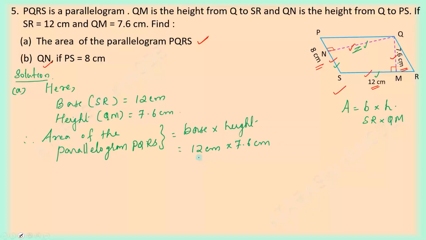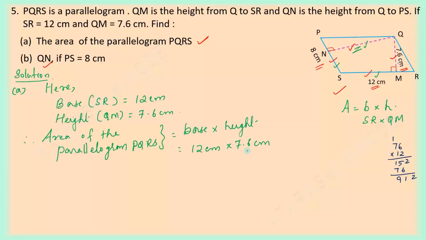Now for multiplying 12 and 7.6, we ignore the decimal, that is we can multiply 76 with 12. Now we have to put the decimal.